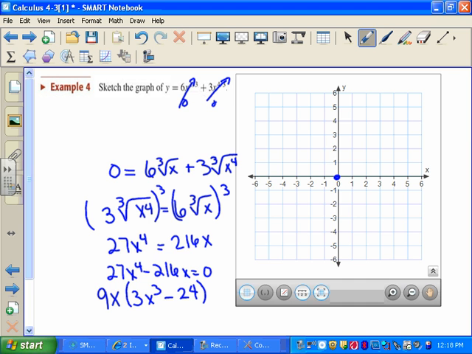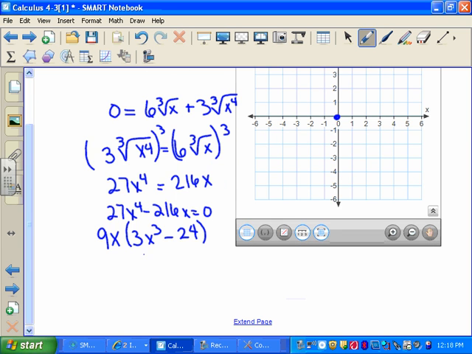And so it's going to happen when x is 0. It's also going to happen when x cubed equals 8, and that's going to be when x equals 2. So those are the two places that it is going to touch my x-axis.